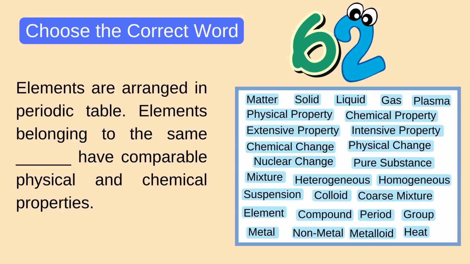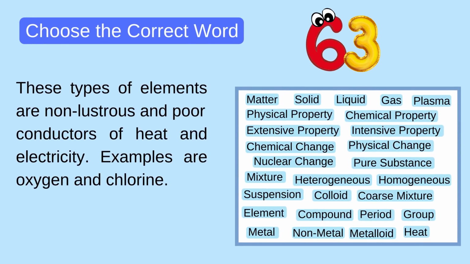Elements belonging to the same blank have comparable physical and chemical properties. These types of elements are non-lustrous and poor conductors of heat and electricity. Examples are oxygen and chlorine.